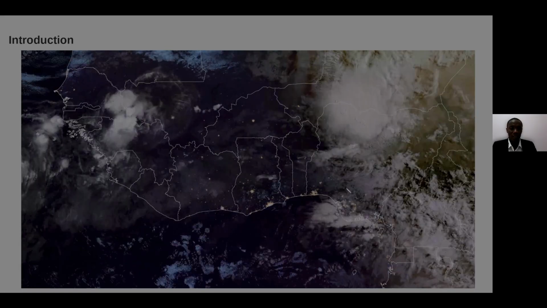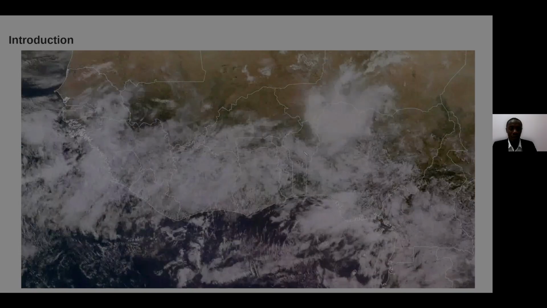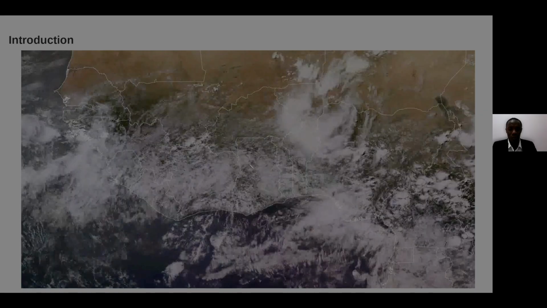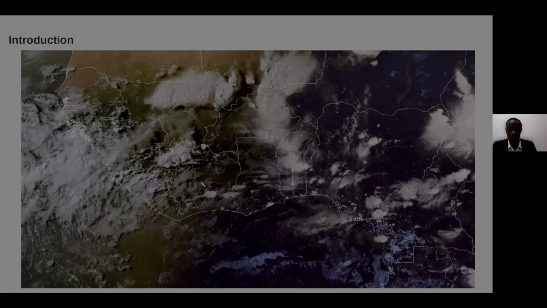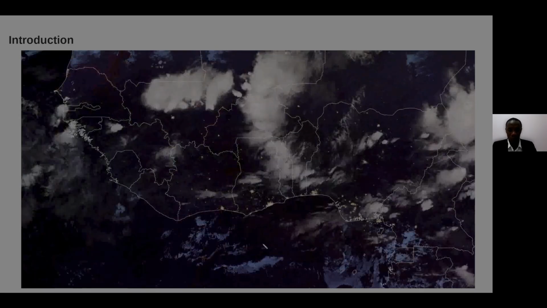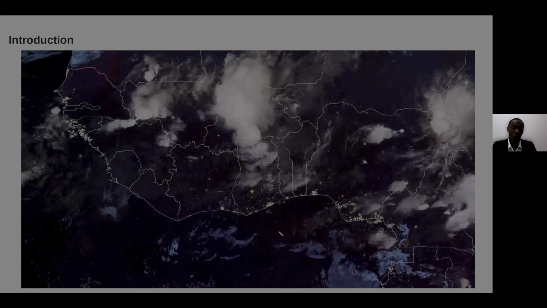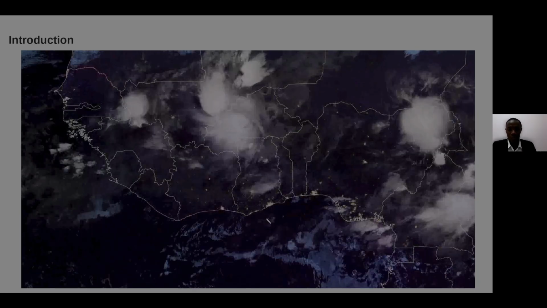And we see that the white pixels cover completely the whole of Nigeria, Benin, Togo, and also Ghana and Cote d'Ivoire as well, and then also covering major parts of the Atlantic Ocean. So our fathers who go to sea, as I used to in time past, are at risk of rainfall.